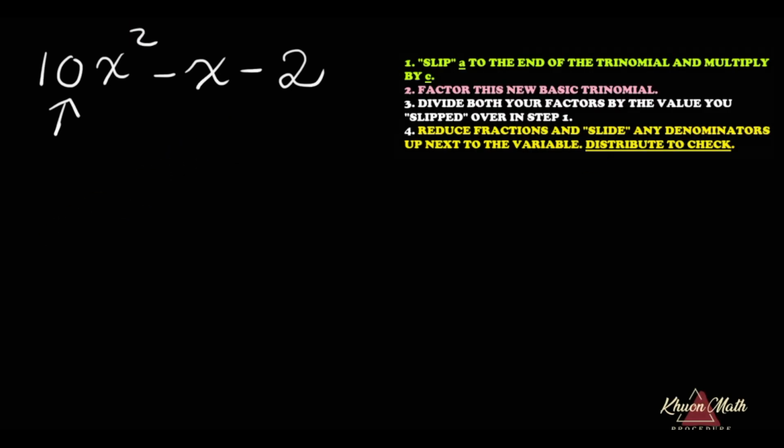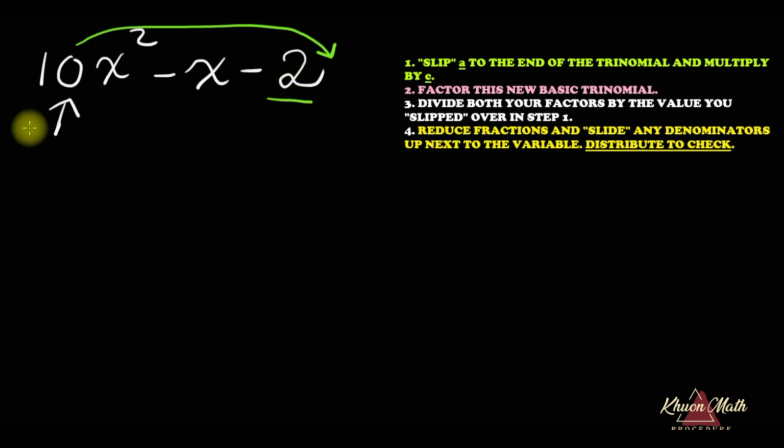So here it is. Step number 1 is to slip a to the end of the trinomial and then multiply that by c. So we're going to slip a, so your a is 10, and that's going to go to the end of the trinomial, and then we're going to times that by c.